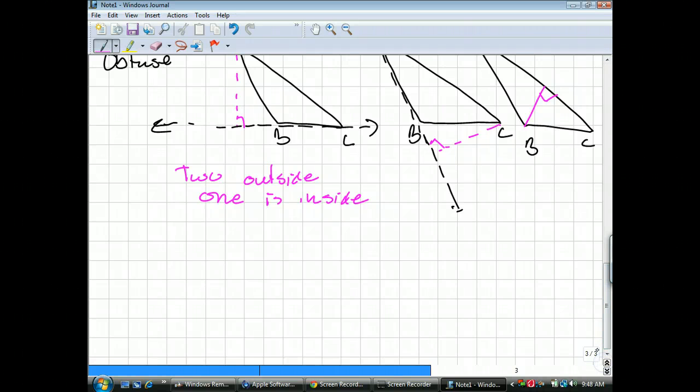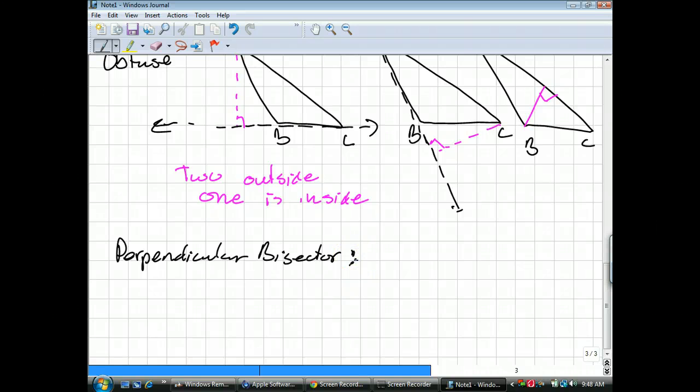Okay. Then we have the definition of perpendicular bisector. Okay.